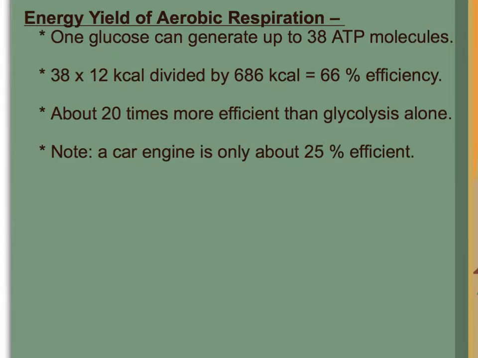If we multiply that 38 times 12 kilocalories and divide that by 686 kilocalories, we end up calculating that cell respiration is 66% efficient. That's about 20 times more efficient than glycolysis alone. Also, consider this compared to a car engine. A car engine is only 25% efficient on our best models.